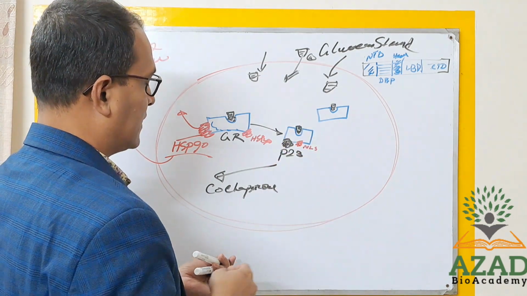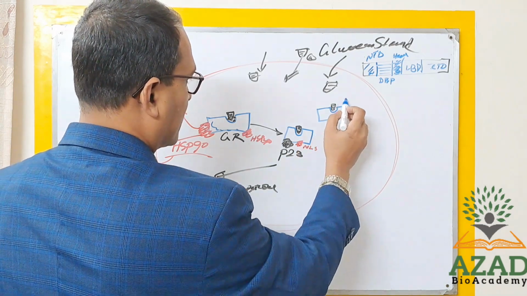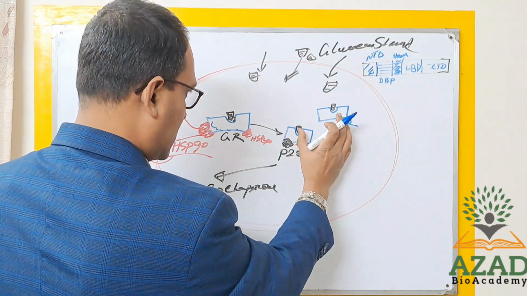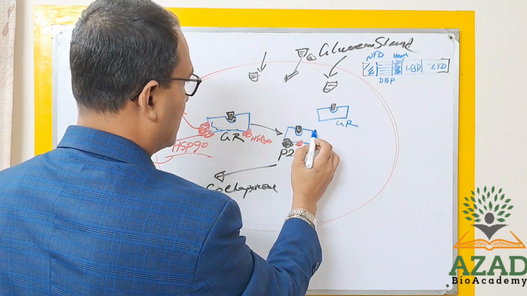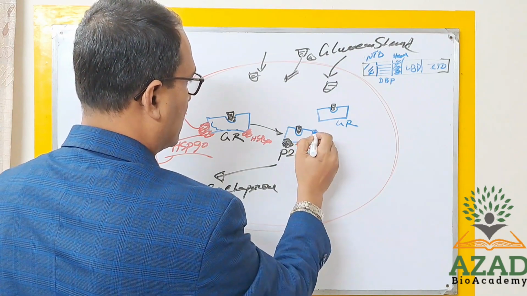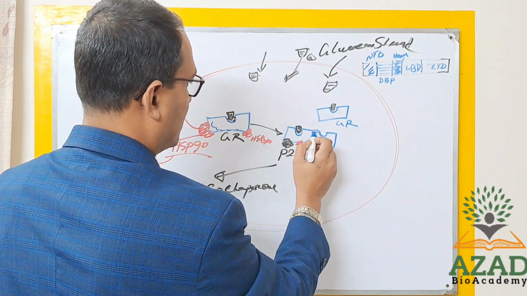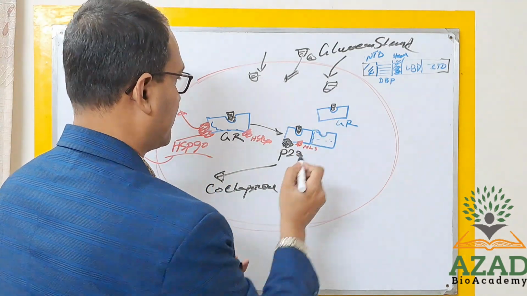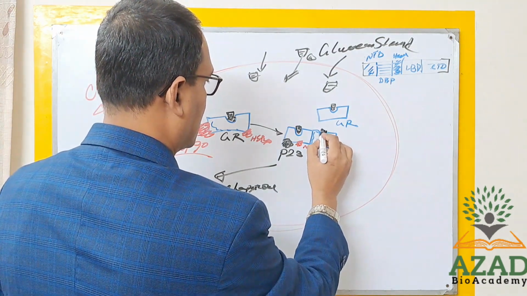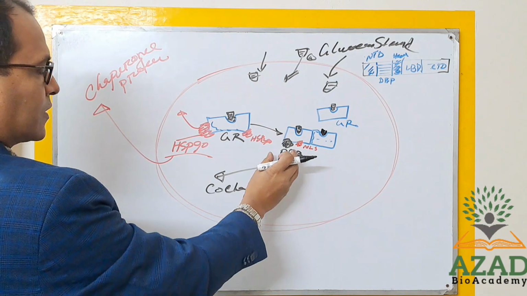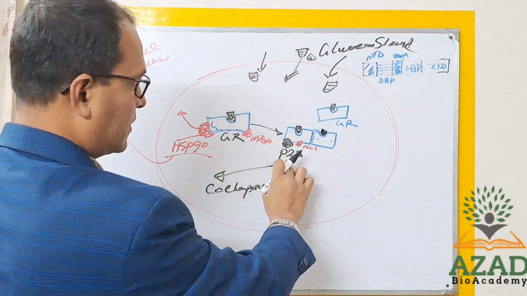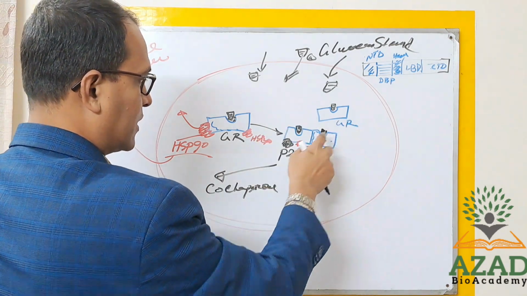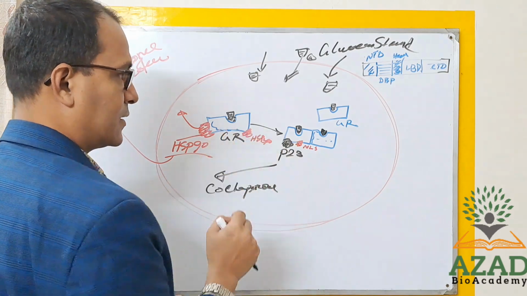That means the ligand-bound glucocorticoid receptor will come here, and it will make a dimer. Okay, that is a dimer. So P23 will help to form a dimer of the glucocorticoid receptor, that is GR receptor, and also it will express the NLS sequence.